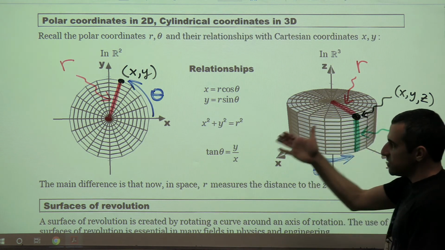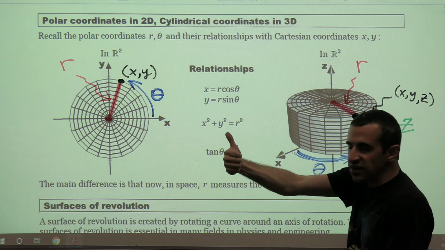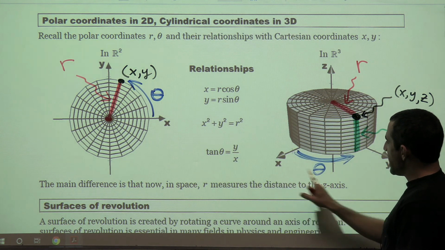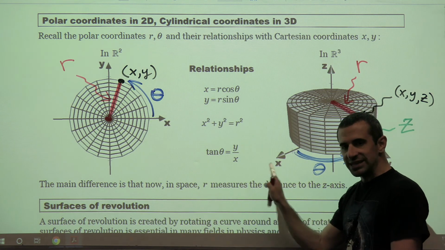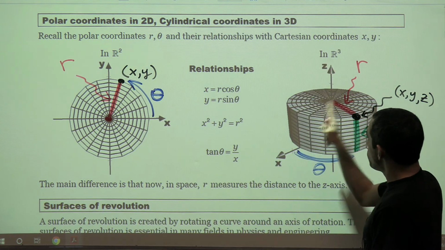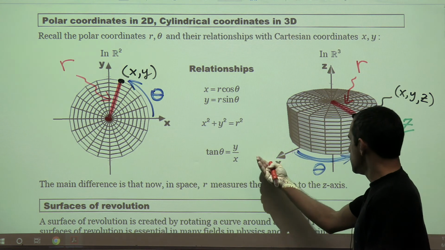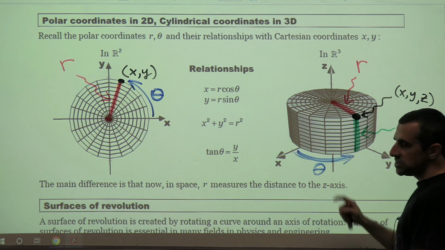So counterclockwise means in the sense of your bending fingers on your right hand. And that angle theta is measured from the positive x-axis. So from the half plane in the xz plane that corresponds to the positive values of x, that angle of rotation is the theta.